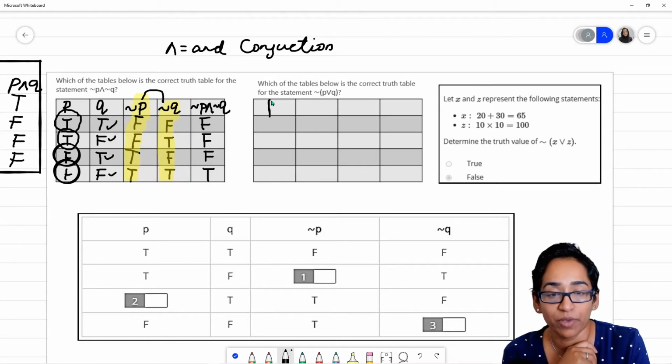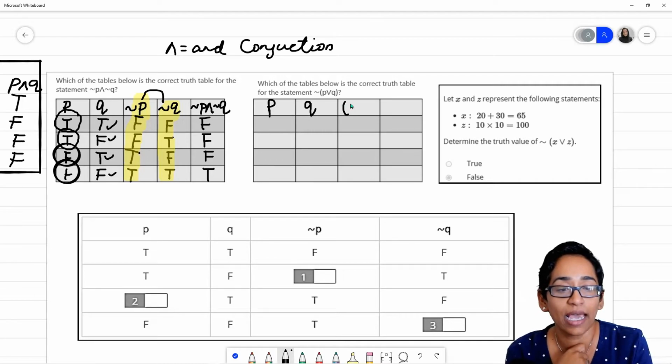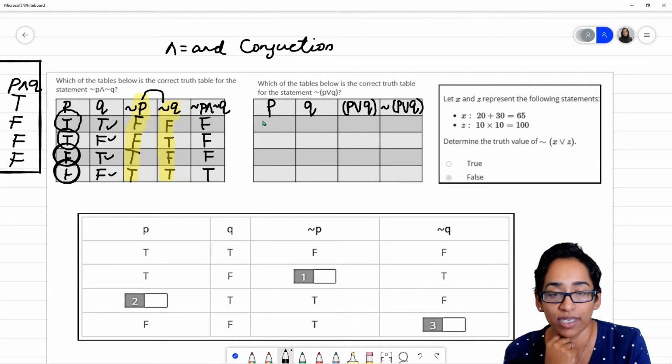So I have a statement P, I have a statement Q, and I have P or Q. And then comes negation of P or Q. All right. So again, true, true, standard, true, false. The next one is false, true.